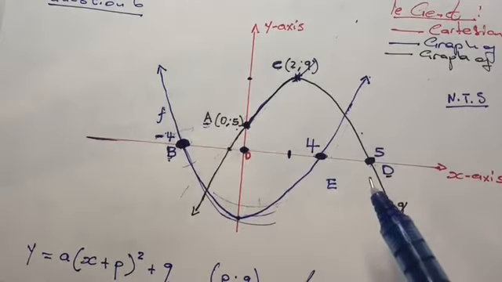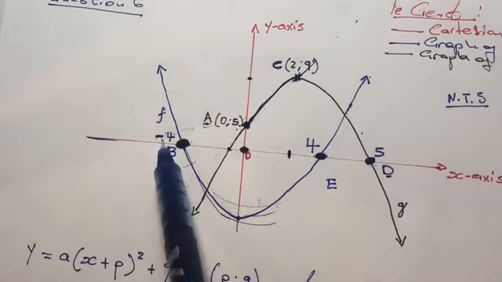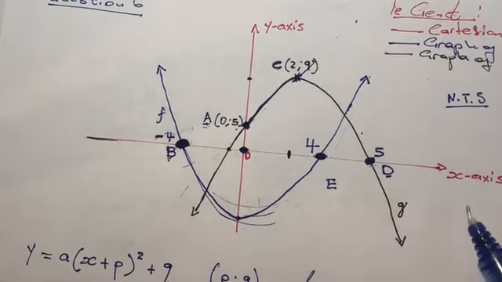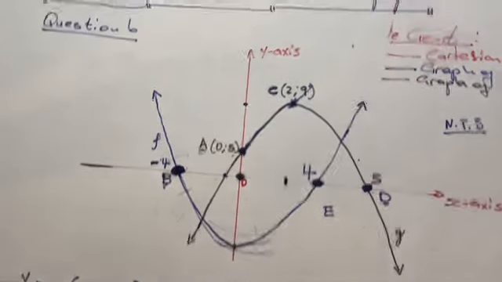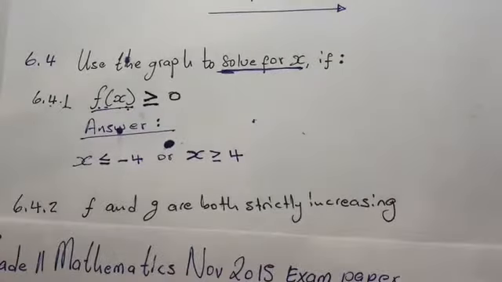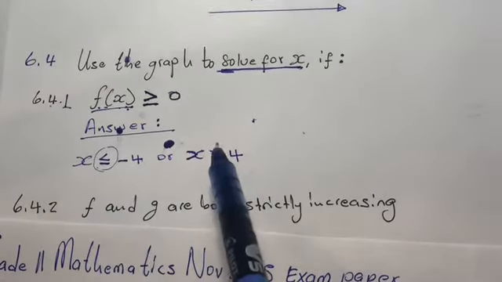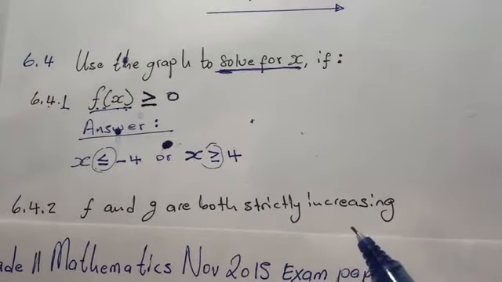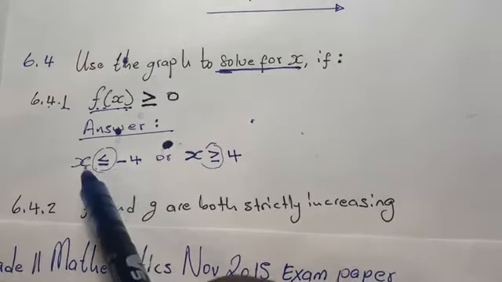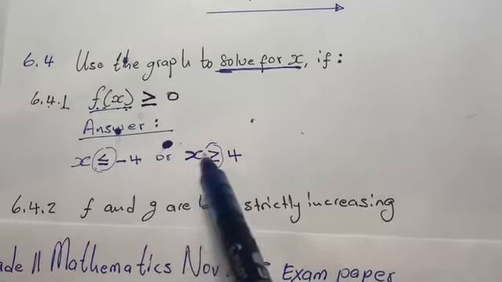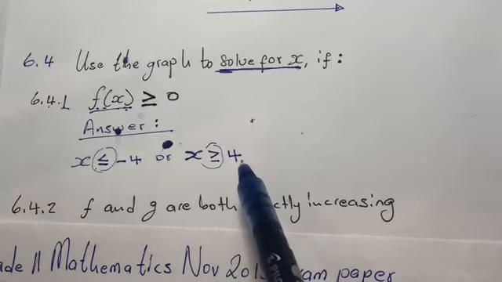That means our answer will be based on these two x-coordinates or x-intercepts. I'll explain why we've got x is less or equals to -4, or x is greater or equal to 4.